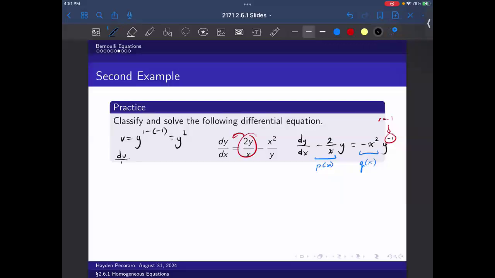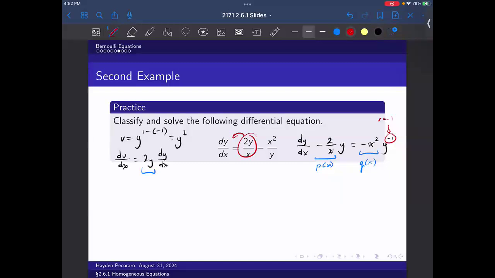And if we differentiate that equation now that defines our change of variables, we get 2y dy/dx. All right, and then this tells us how to change our equation. So we want to multiply everything by 2y on both sides to get dv/dx to show up.